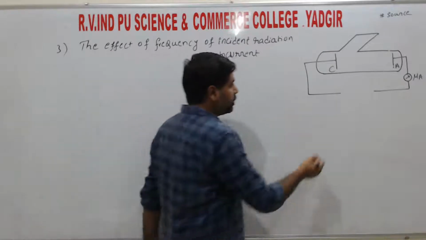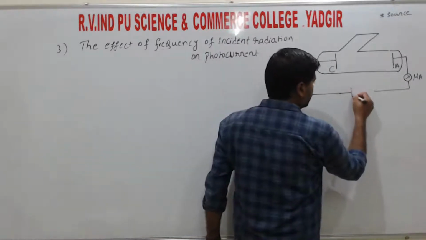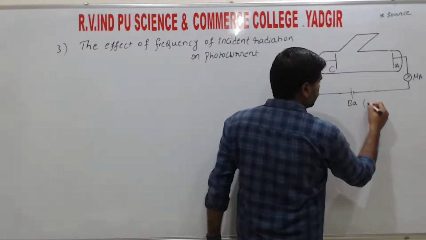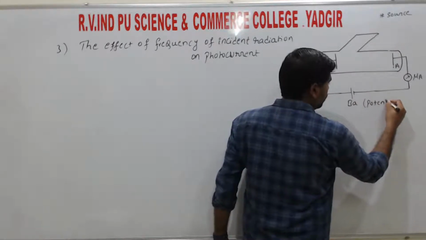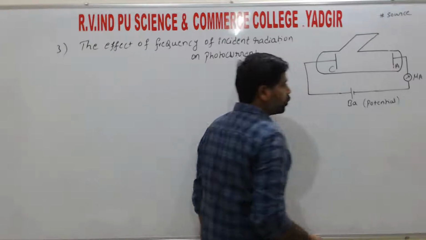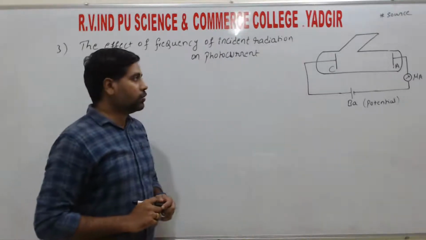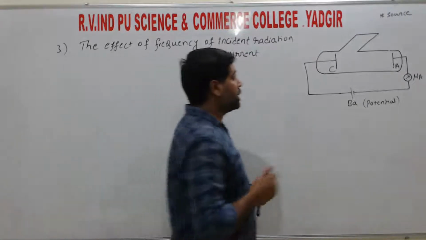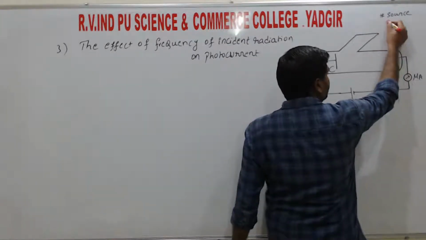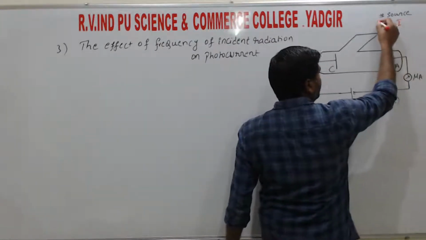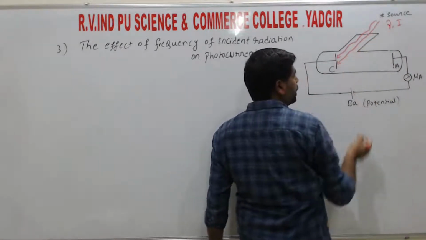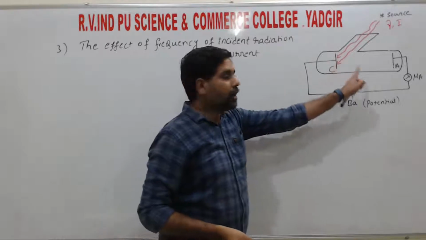Right. So this is the potential. Here we connected the battery. In the last discussion we kept the frequency and intensity constant. When radiation falls onto the photosensitive material, the electrons are emitted.